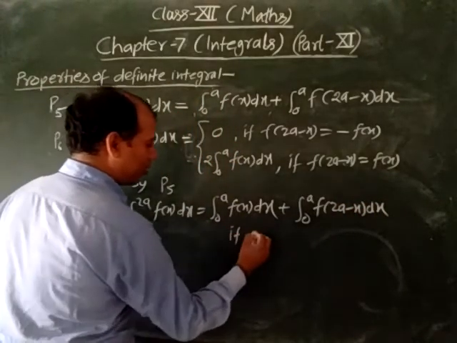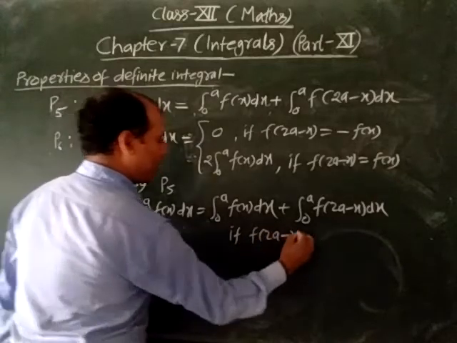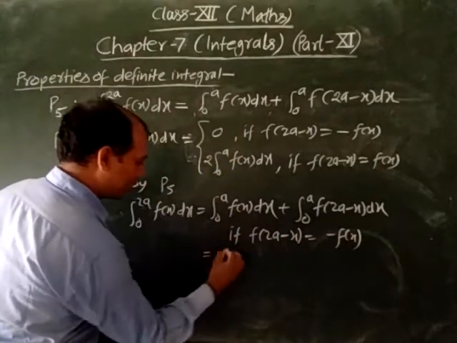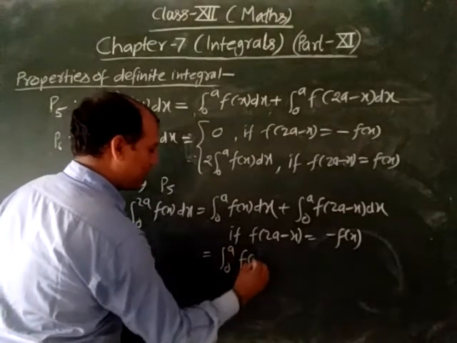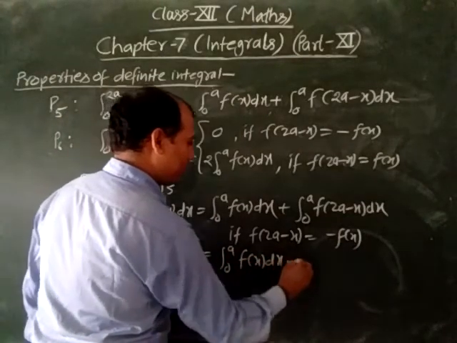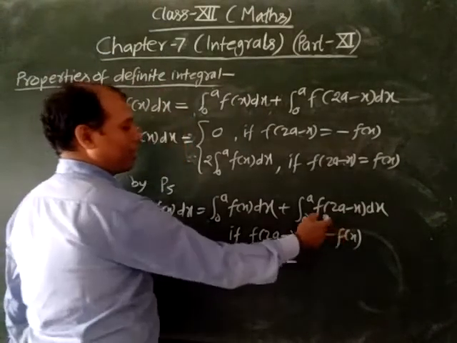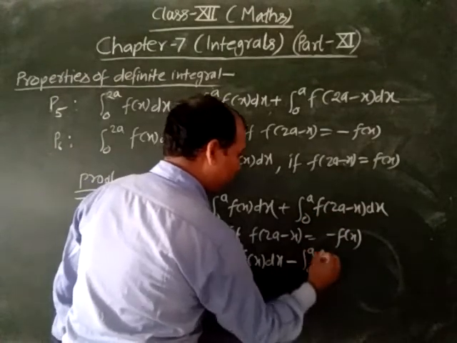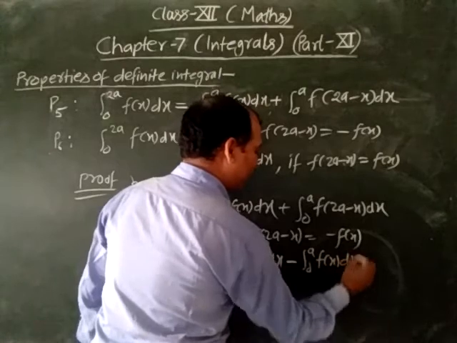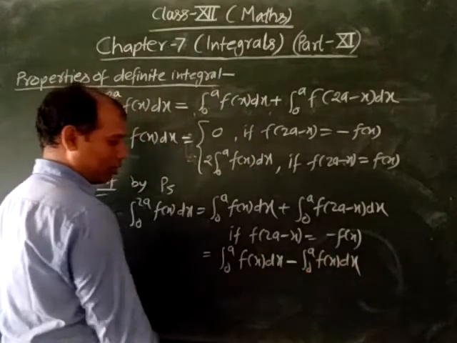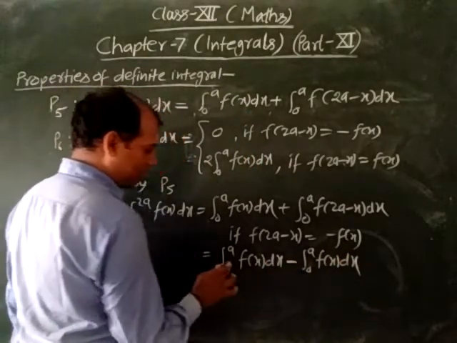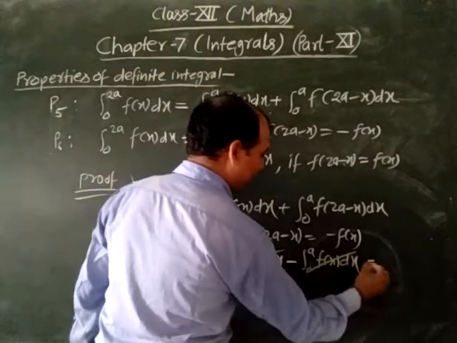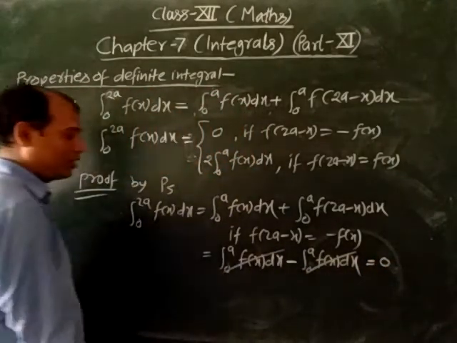Now if f(2a minus x) equals minus f(x), then this becomes integral from 0 to a of f(x) dx, and we can write minus f(x) in place of this, so this becomes the integral from 0 to a of f(x) dx. Now these are both the same integrals, one negative and one positive, so they cancel out and we get 0.